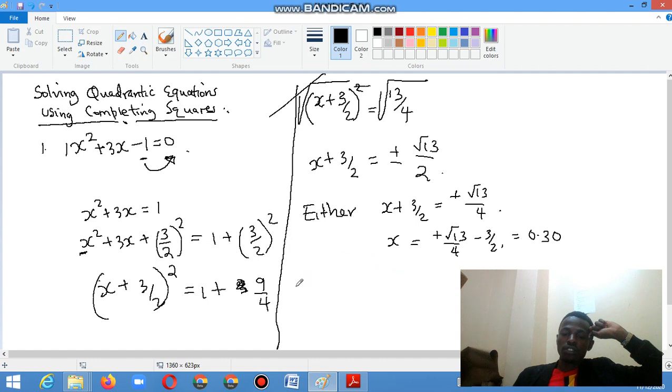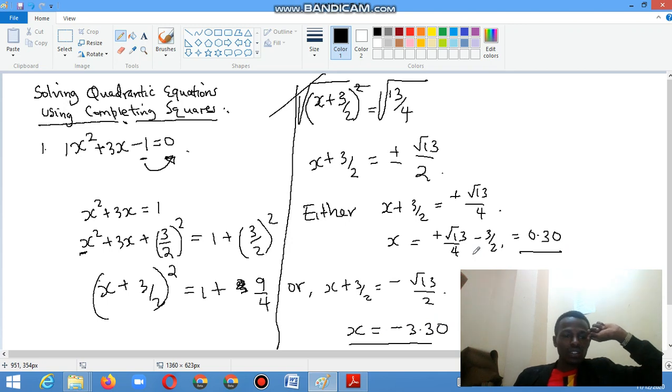That will be our first answer. Our second answer: x plus 3 over 2 is equal to minus root 13 over 2. Computing the same way with your calculator, you will get x as negative 3.30. So these are our answers.